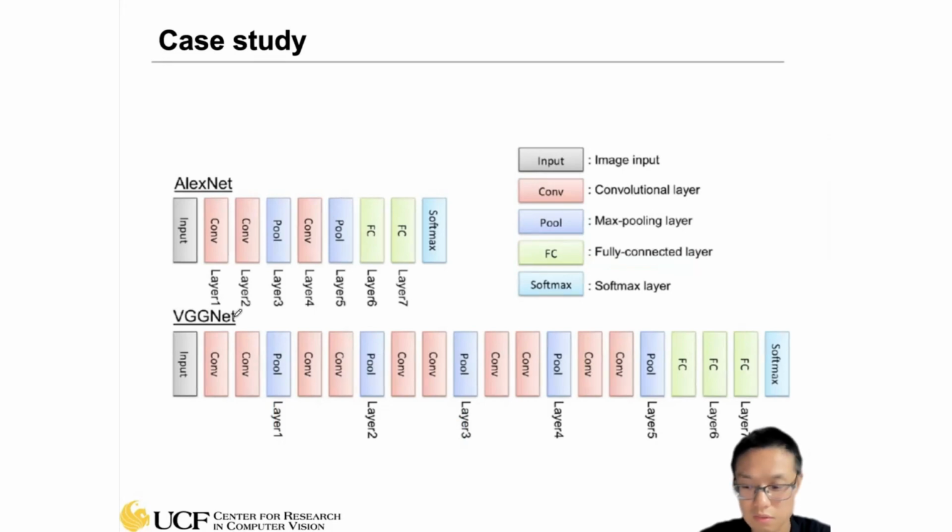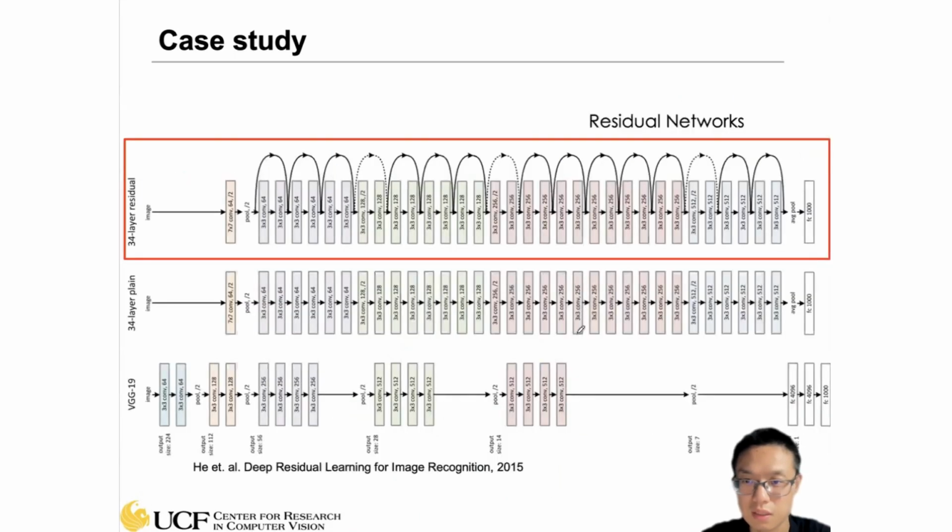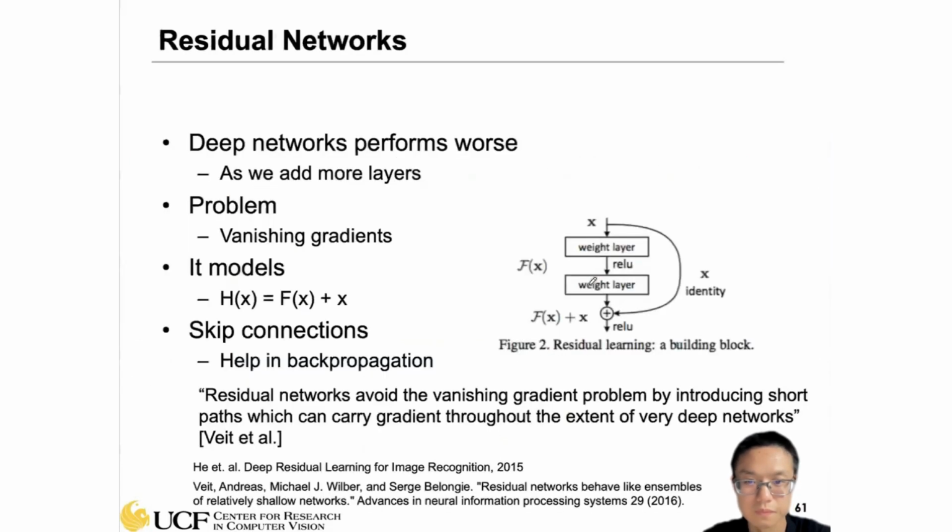Then the VGGNet from Google, and also the Inception network, using different kernel sizes together as the main novel module in their network. And of course, we have the ResNet, which is now widely used for a lot of applications, not just classification, but also other tasks like detection and segmentation.